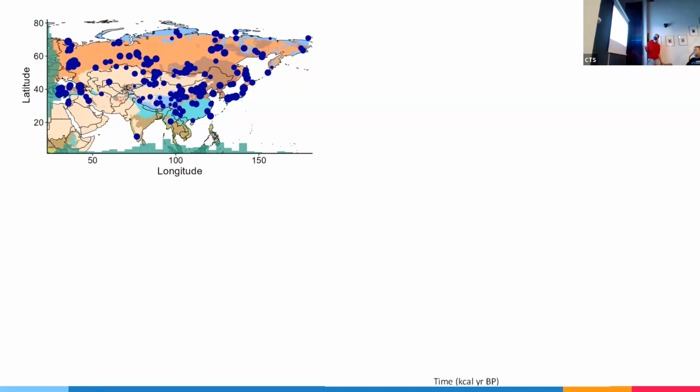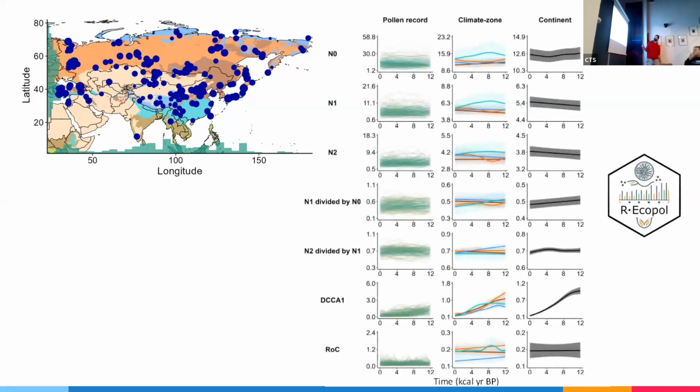What is interesting about Asia is it's spanning quite a lot of these climate zones, which are the colors on this map. The background colors are the individual climate zones from Köppen. And the blue points are the individual records. So we have over 200 datasets again. And then we try to describe some patterns in Asia, right? So I'll try to guide you through. It's a little bit complicated.